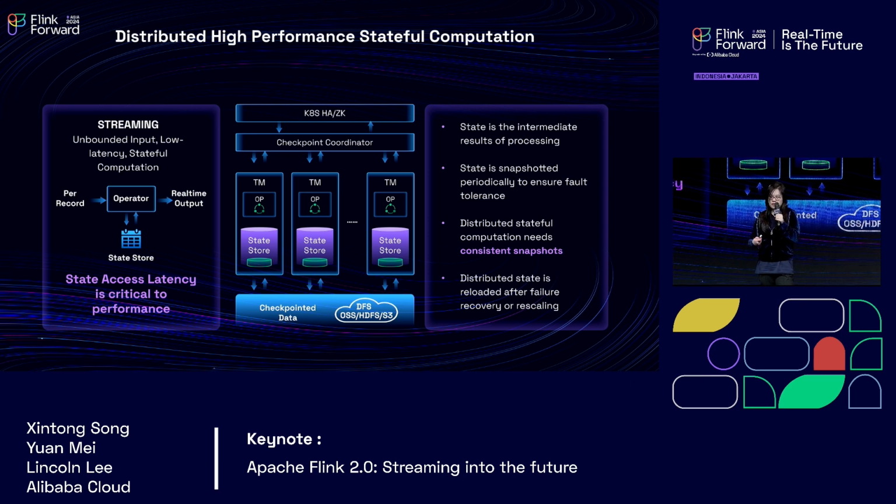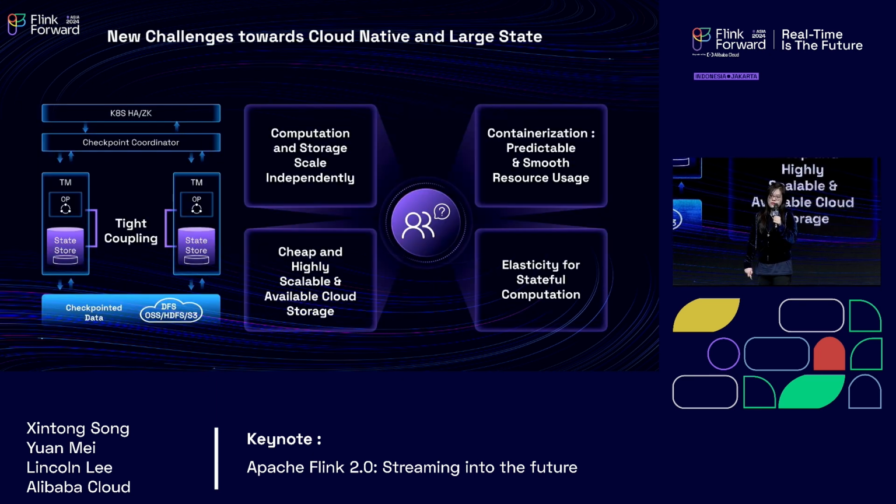The procedure to make consistent snapshots is the very well-known Flink checkpoint procedure. This tightly coupled architecture guarantees high performance for Flink, but to some extent it hinders the expansion and development of Flink, especially when the state size grows large, exceeding the capacity of the local disk.